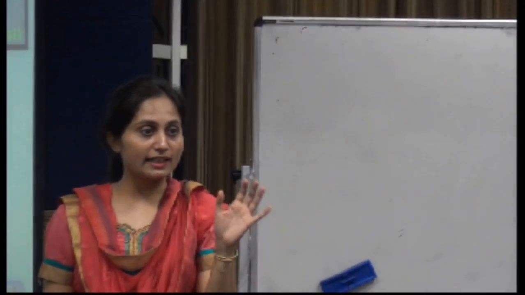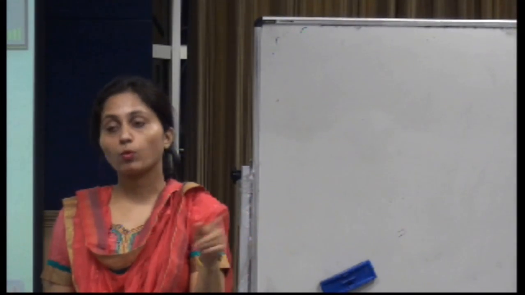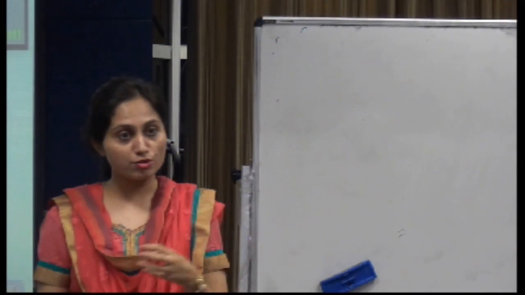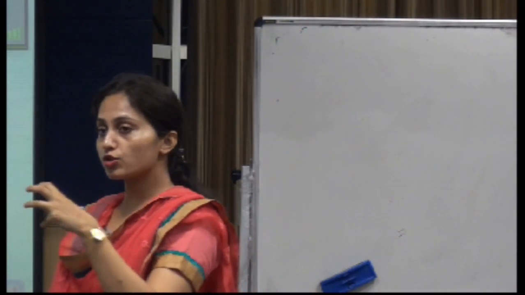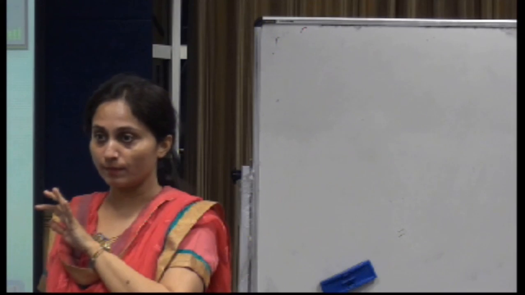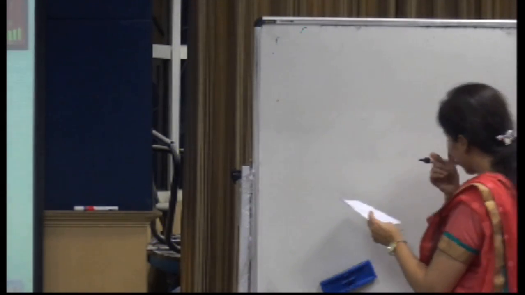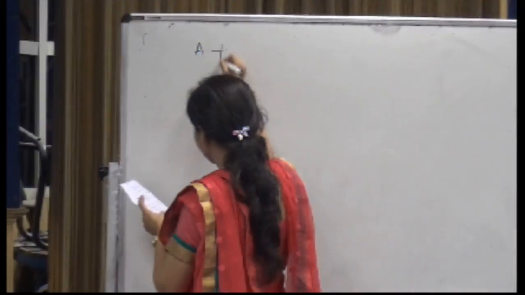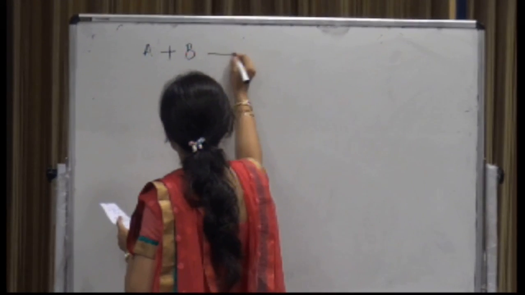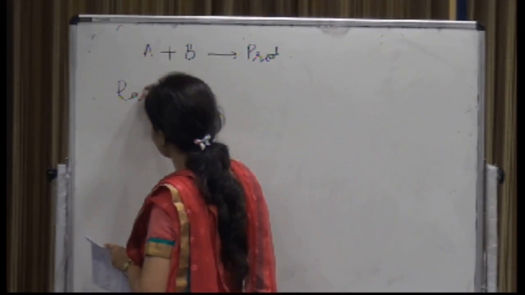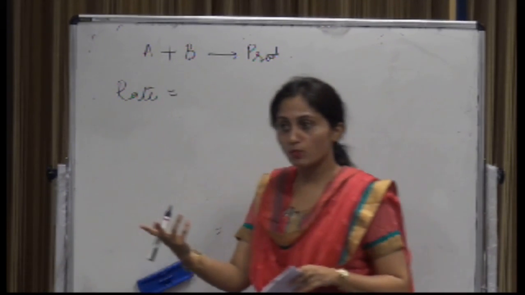For any chemical reaction to take place, what is important? Collisions are important. Okay, now if collisions are important, apart from collisions, it is very important that they should be colliding at the proper frequency. That means that threshold frequency or threshold energy that we are talking about. So here, if you are talking about A plus B giving any products, then say the rate will now be, now you have done one expression.